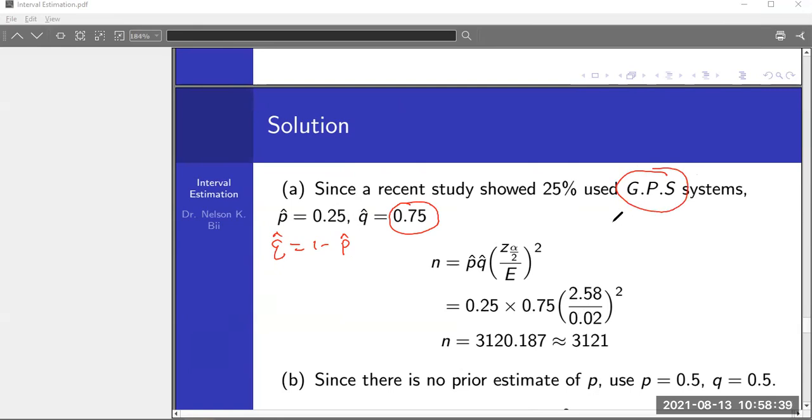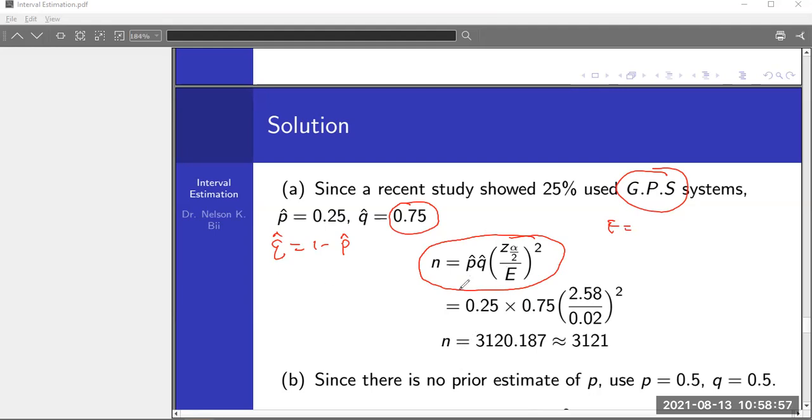The 2 percentage points simply means the amount of the error. So you can use this formula here to get the required population or sample size.